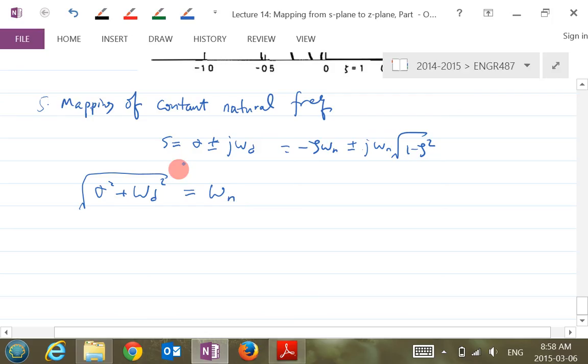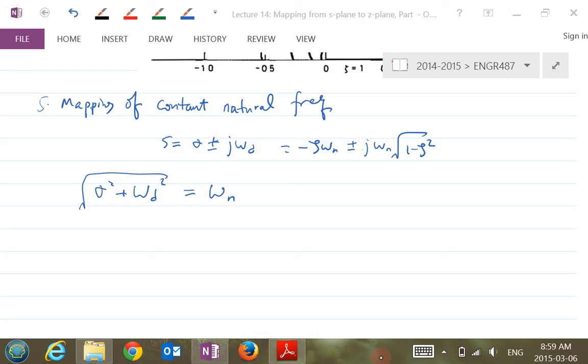So what does the square root of sigma squared plus omega d squared represent? This quantity represents what? The magnitude, exactly. The magnitude of this pole in the S-plane. And we want it to be a constant, omega n.